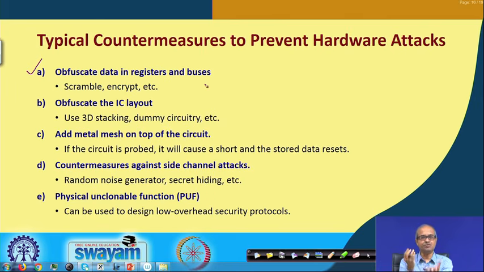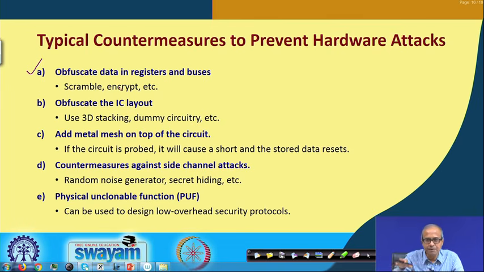Suppose I am trying to store some data, I am not storing the data just like that, I am storing it in some kind of an encrypted form. So, that even if someone reads it, they will not understand what that is. Okay? This is called obfuscation. We try to obfuscate the sensitive data that we are storing inside a chip. We do some kind of scrambling, encryption, stuff like that.